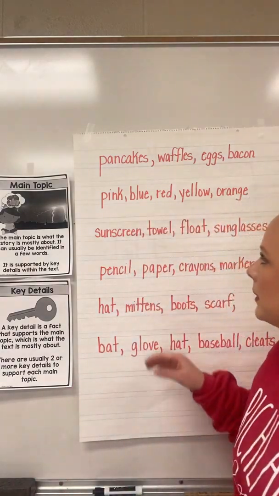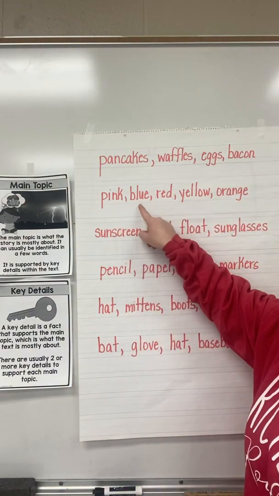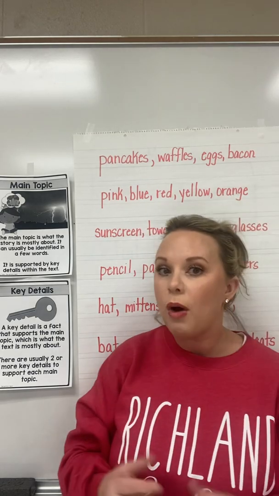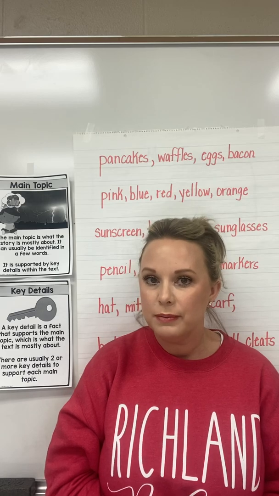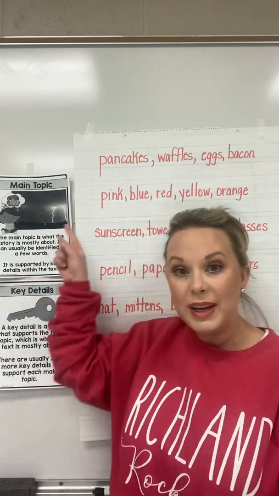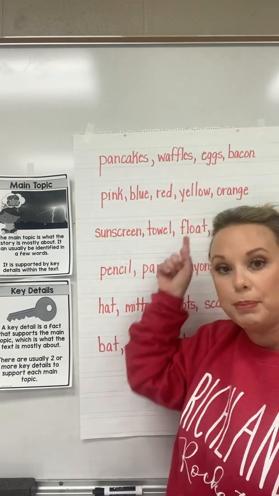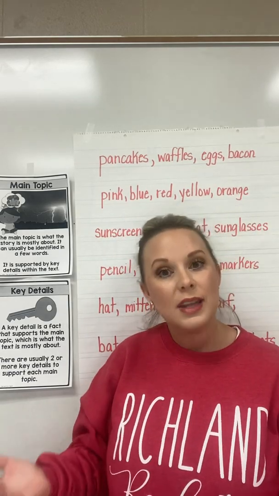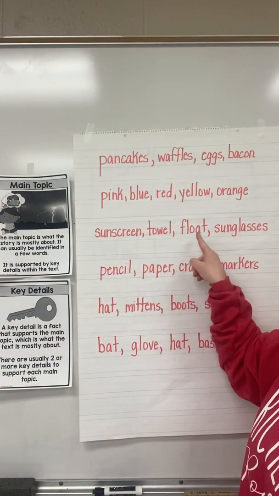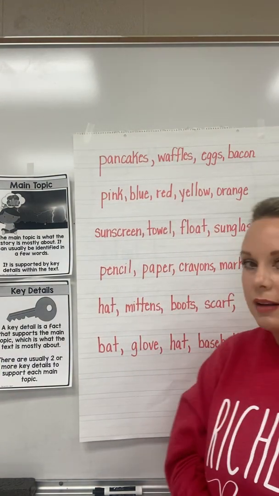Let's look at the next one. Pink, blue, red, yellow, and orange. What do all of those things have in common? Right, those are colors. So individually, they are different, but what they have in common is that they are all colors. Let's look at the next one. Sunscreen, towel, float, and sunglasses.